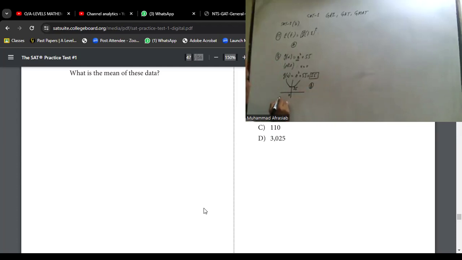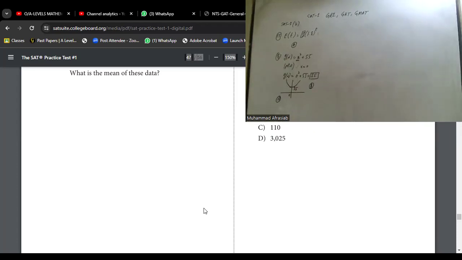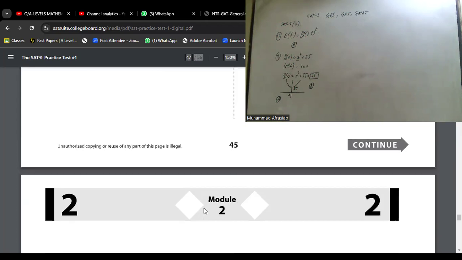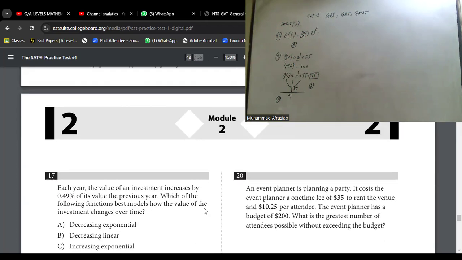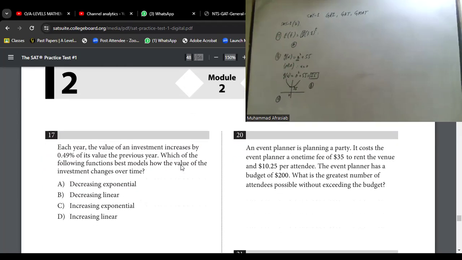For question number 17. Each year, the value of an investment increased by 0.49% of its value the previous year.